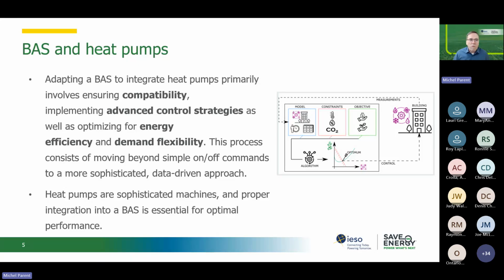Just an example, the older VRF systems, not the newer ones, were not BACnet compatible or BACnet compliant, so they could not be integrated, which led to, I won't say inefficiencies, but less efficiency out of the system.